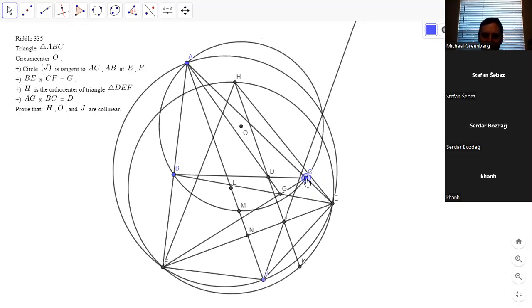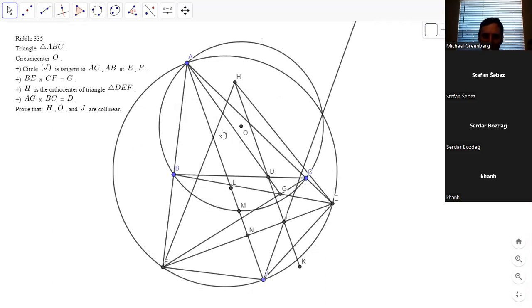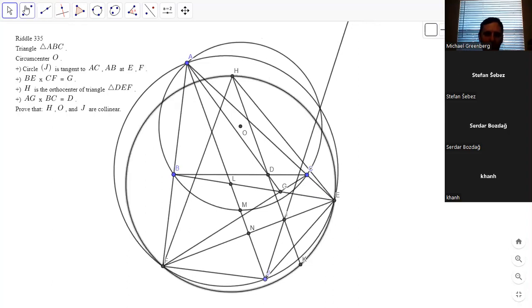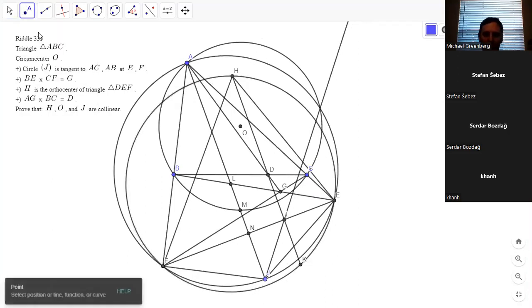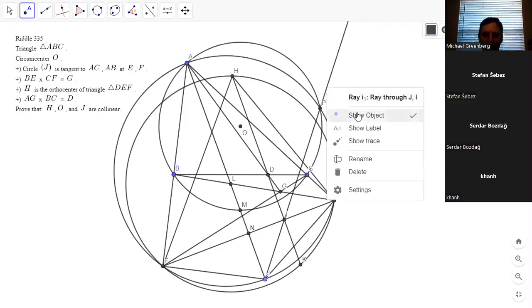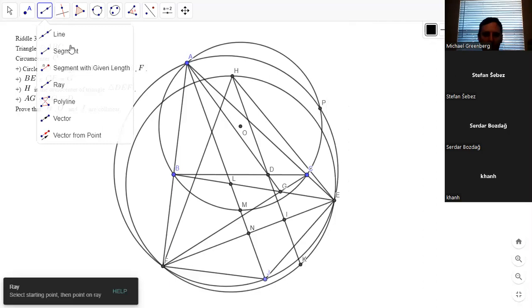So JI. Okay, so let's hide this circle because maybe it's not as useful. Well, we need it for point K, but it looks like JI and this point lie on a line. I don't know why yet.